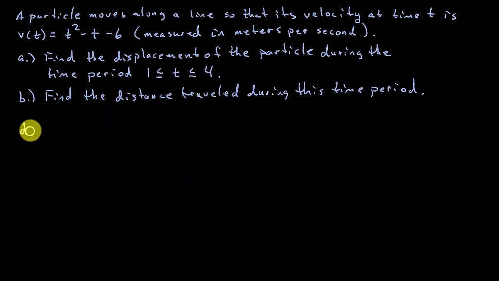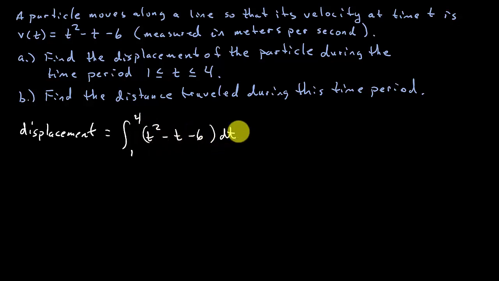So we've got the displacement is equal to the integral. Now we're going from 1 to 4 of t squared minus t minus 6 dt.